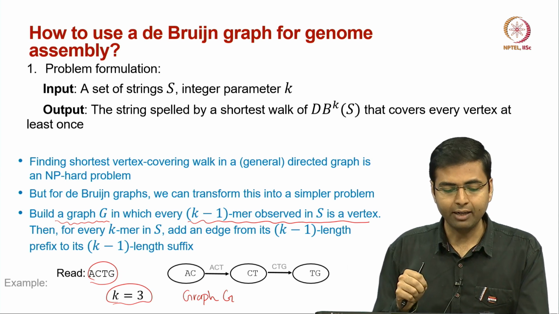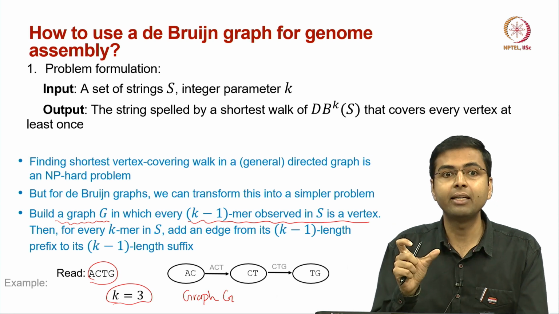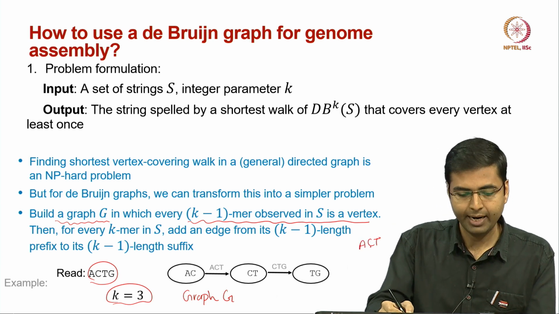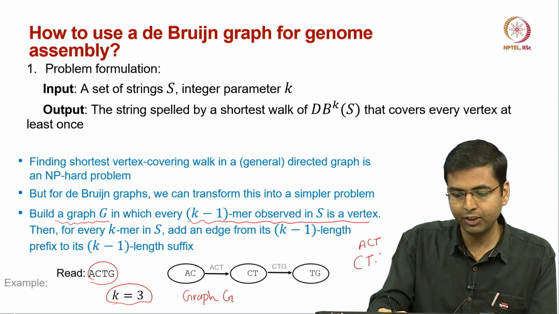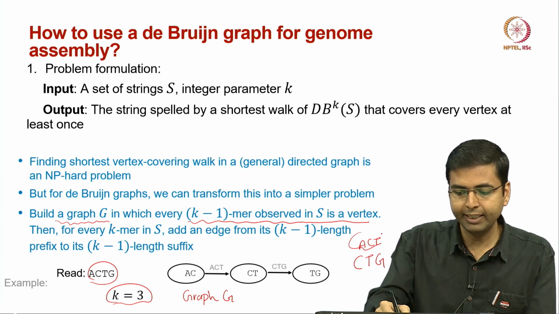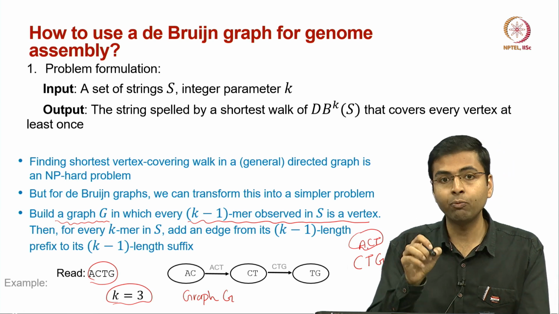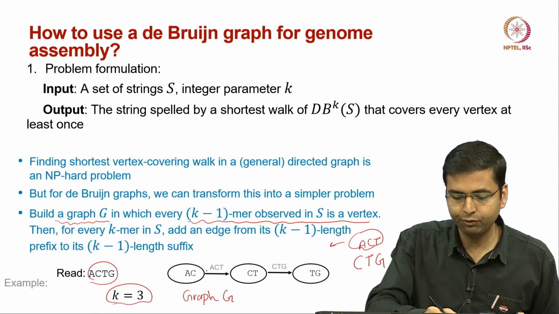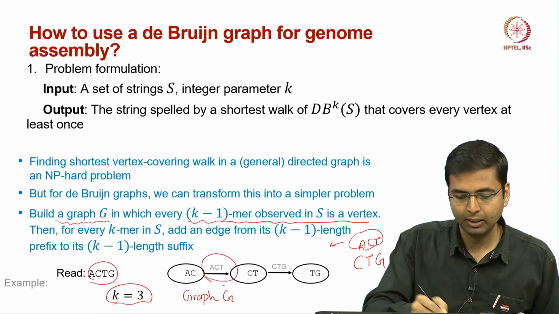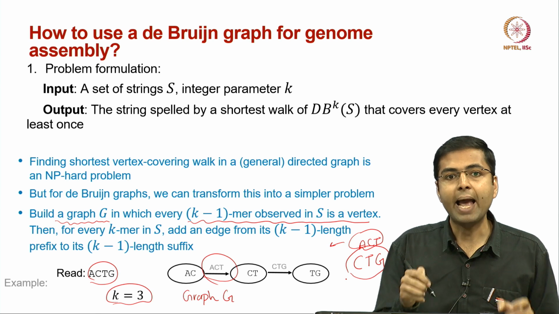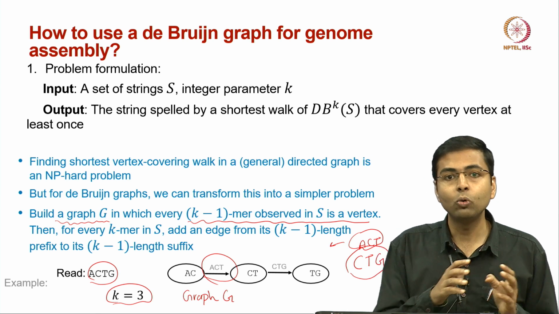The edges are now built from looking at 3-mers in the read. So your 3-mers in the read are ACT and CTG. For 3-mer ACT, we will add an edge from AC to CT, and for the second 3-mer CTG, you will add an edge from CT to TG.